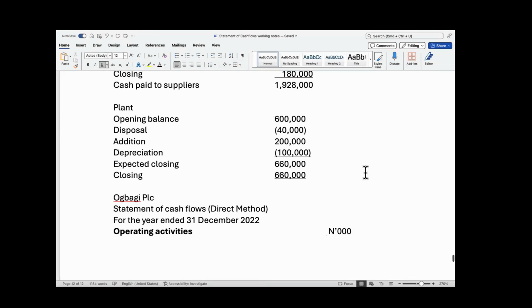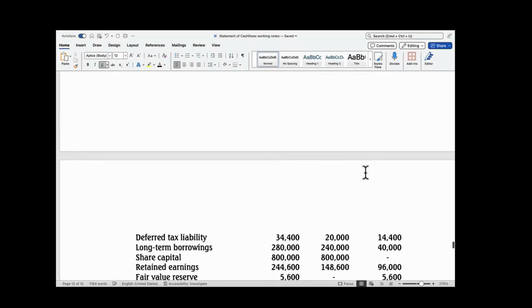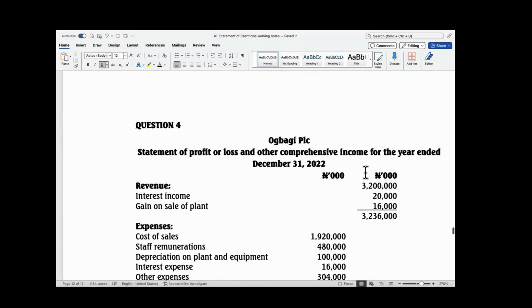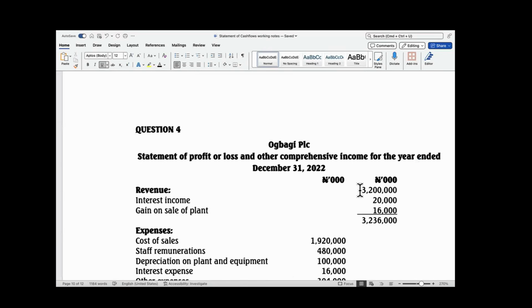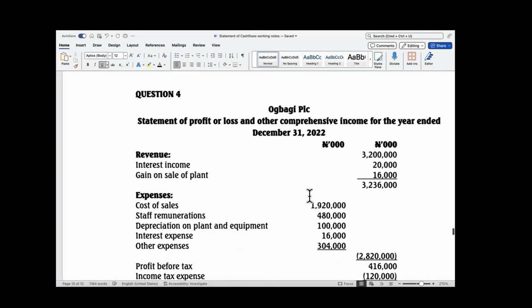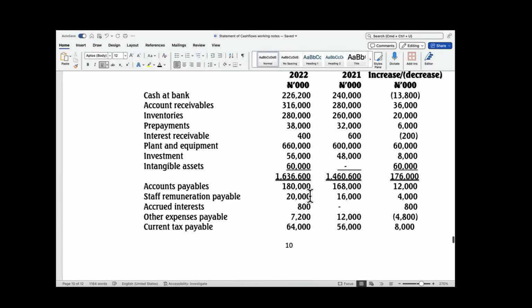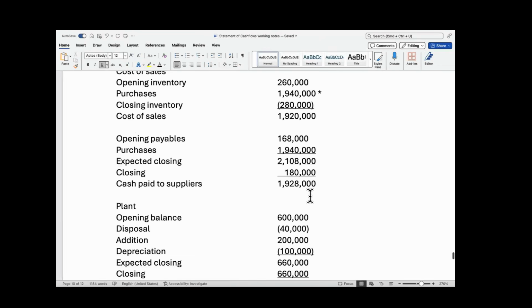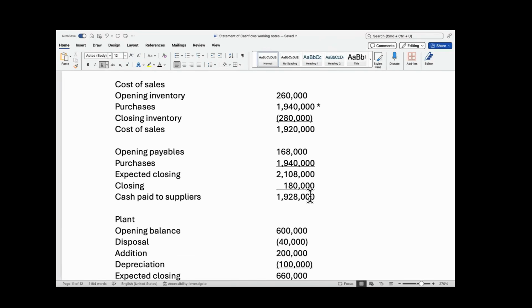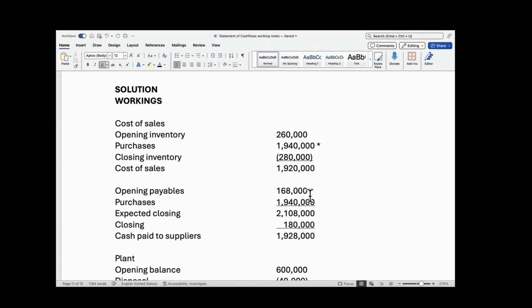So at least I was just being careful in my methodology for direct. So direct needs careful analysis. You pick the items one by one, and you check them for their tax and for their cash movement.